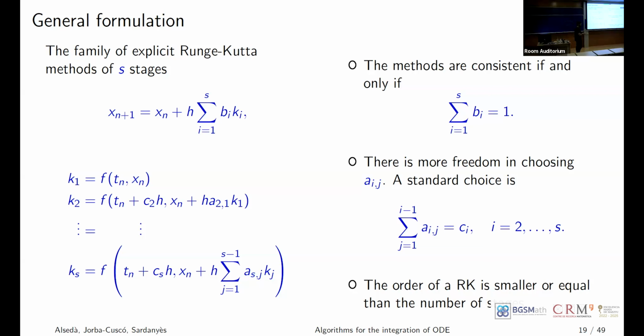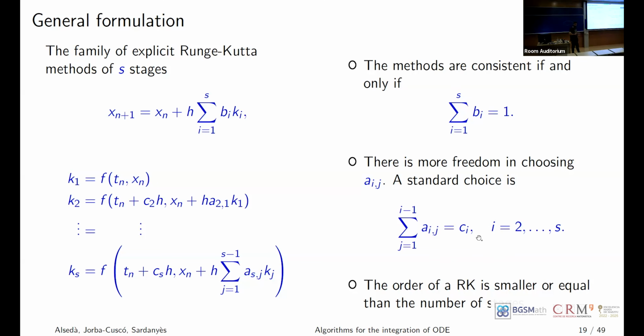For instance, the sum of the weights has to be equal to 1. That's a requirement. And then we have standard choices to comply with things like consistency and non-trivial convergence, that basically make you this selection.